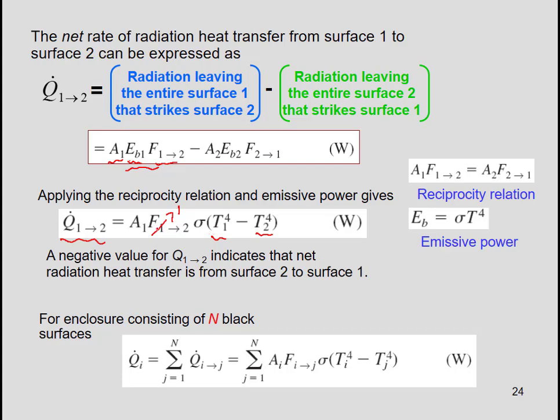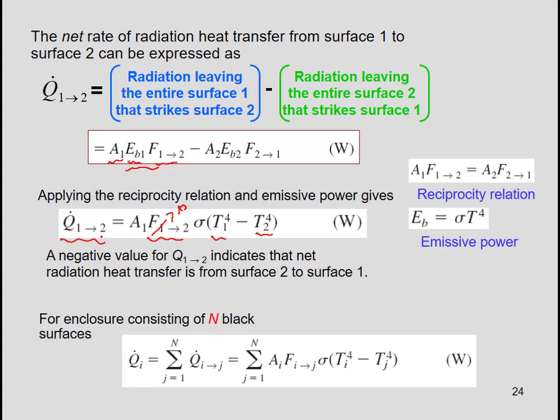And when this is 0, it means no radiation which comes from surface 1 strikes surface 2. So the rate of heat transfer between two surfaces for which the view factor is 0 will be 0. Heat transfer only happens when the radiation from a surface strikes another surface.